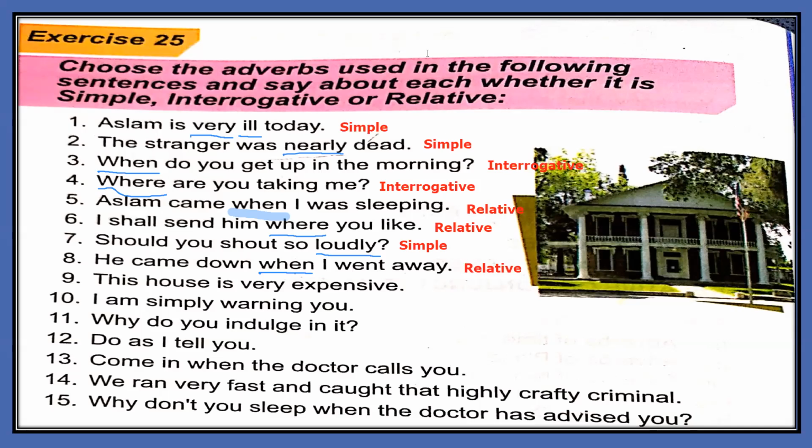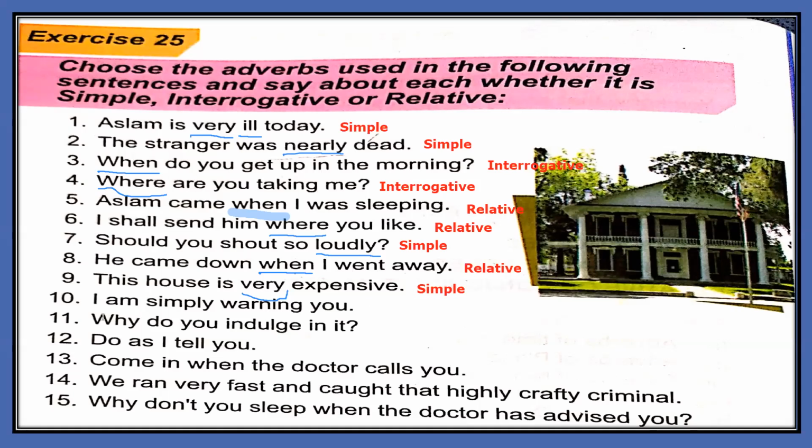And then, dear students, we have sentence number nine. This house is very expensive. So very is underlined over here. I think you can tell me this is a simple adverb.